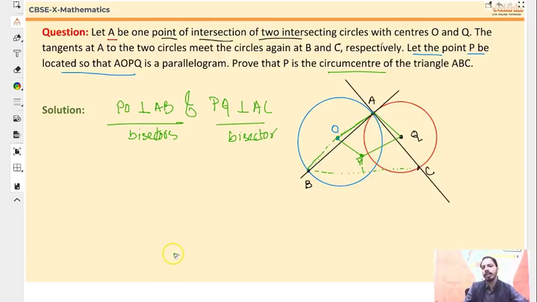If you see triangle OA, let me say this point is X. So triangles OAX and OBX. Now these two triangles, if you see, this side is equal to this side, right? OA is equal to OB.